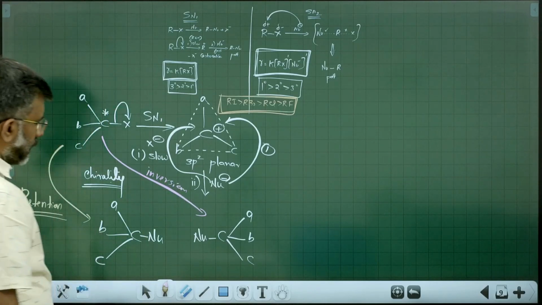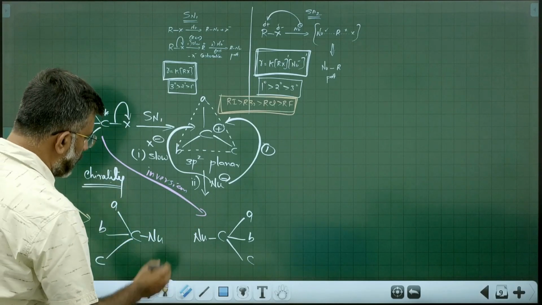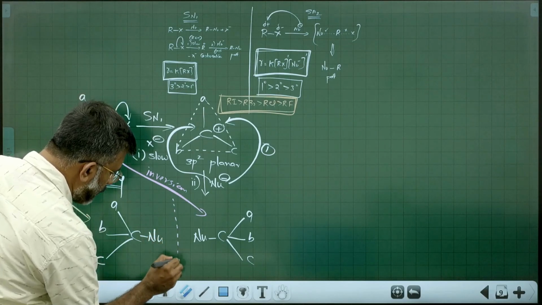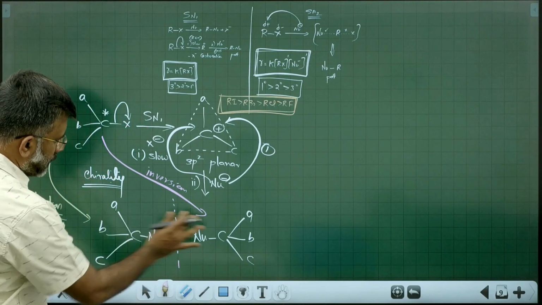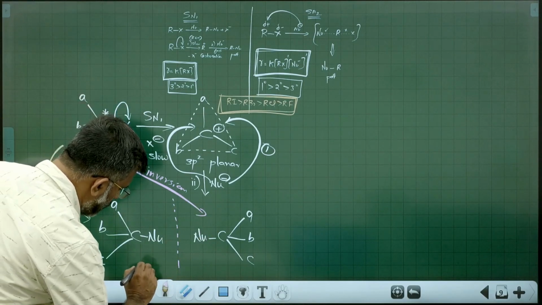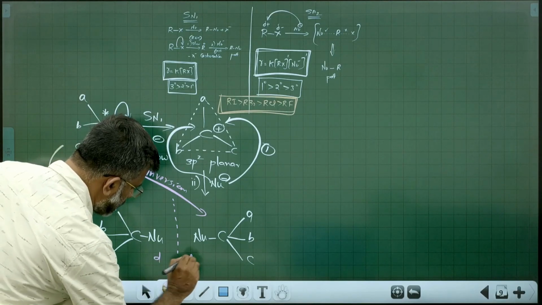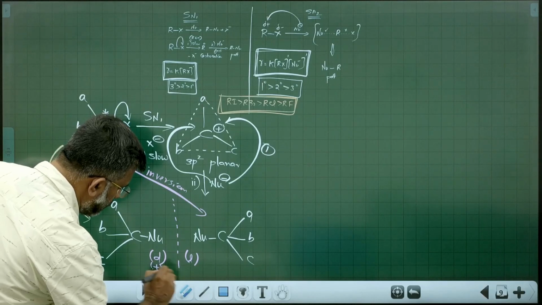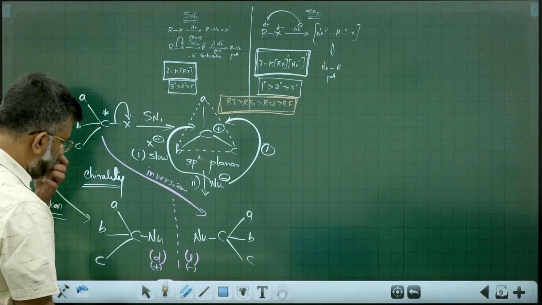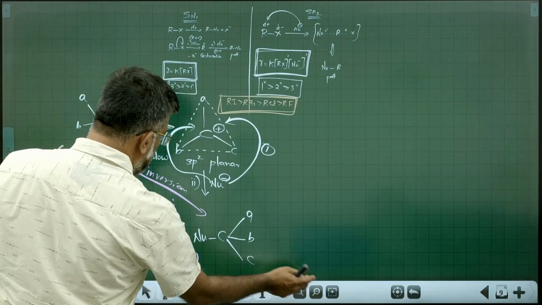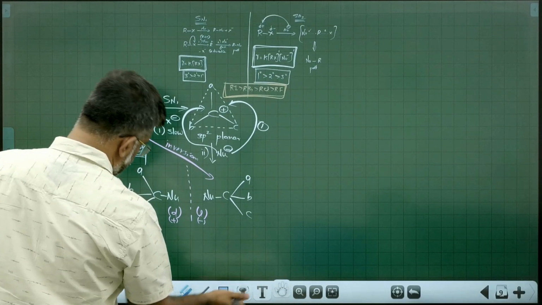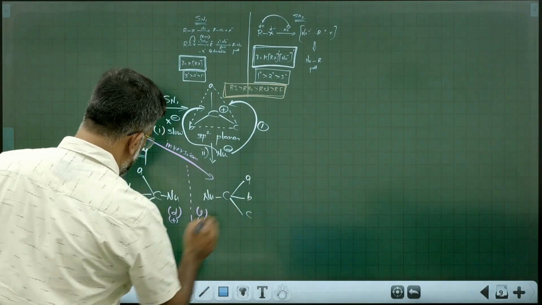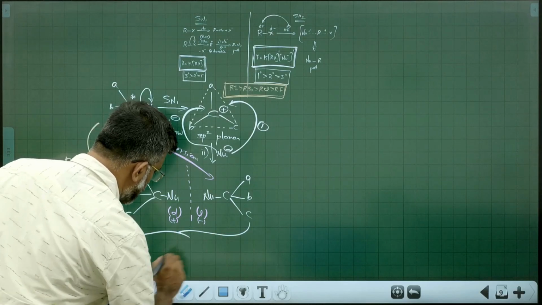So there is a 50-50 chance of retention and inversion, and if products form in equal amounts, it is an equal quantity of dextro and levo. If this is dextro, this will be levo. If this is plus, this will be minus, and vice versa. An equimolar mixture of such a sample is called a racemic mixture.